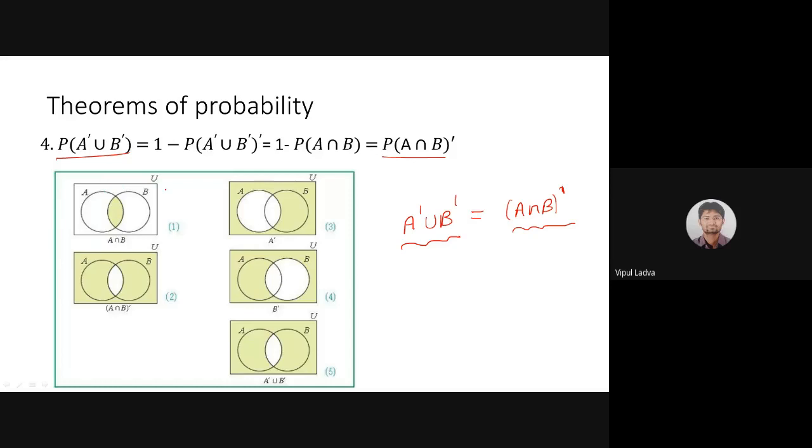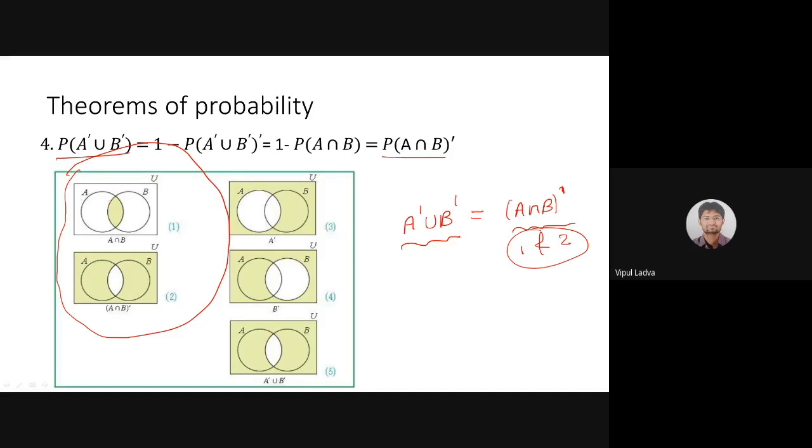For that, what I'm doing in this particular part, I had presented (A intersection B) dash. That means figures 1 and 2 are related to this. To find the complement of A intersection B, first I need two sets A and B and their intersection.